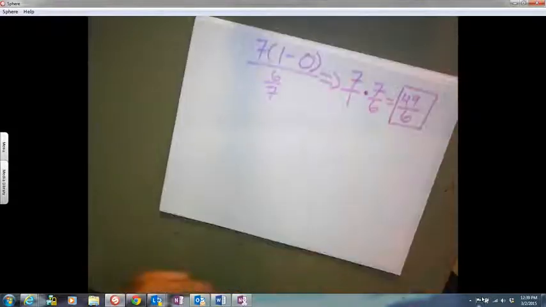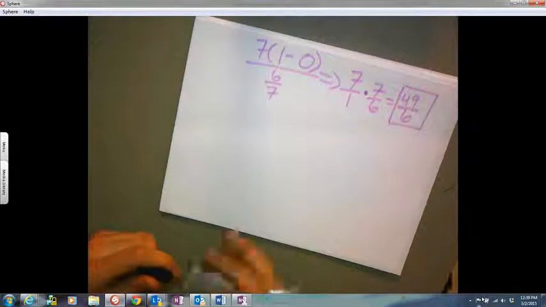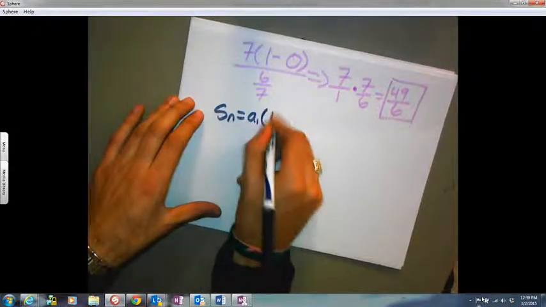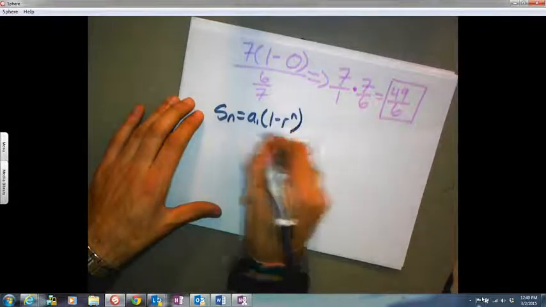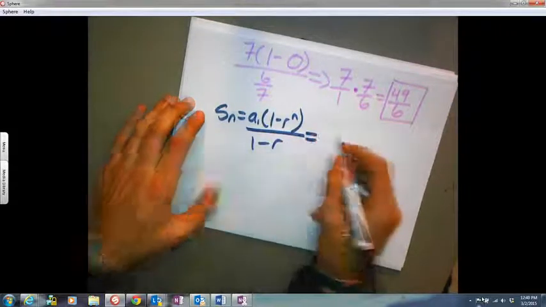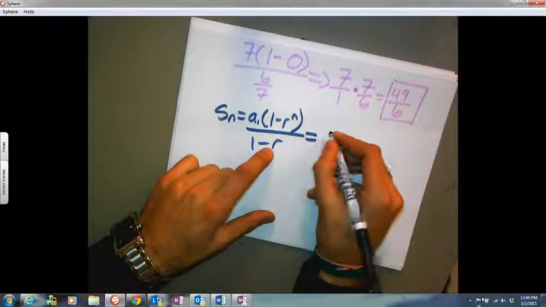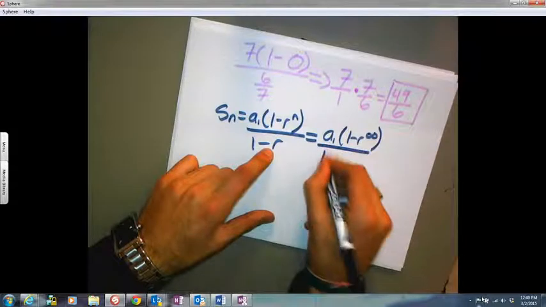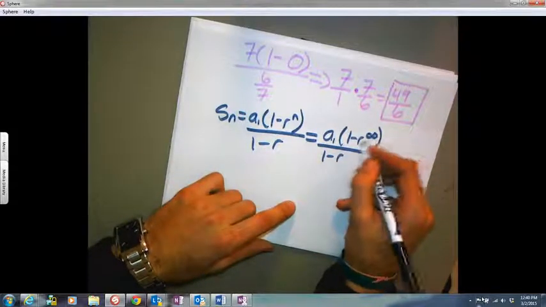If you have a fraction to the infinity power, that will always be 0, absolutely.